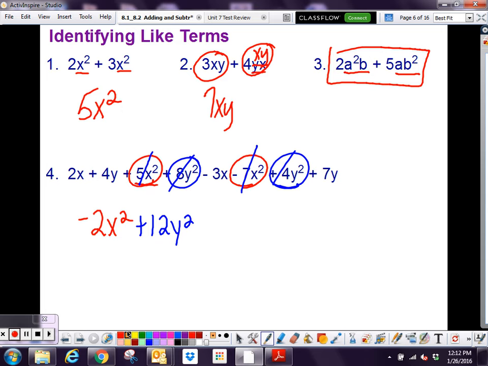I've got a 2x and a negative 3x, so that's going to get me negative 1x, or just negative x. I'm going to mark those out. And then I have a 4y plus 7y, so that gives me 11y. Now, if you did write these in a different order, it's not necessarily wrong. It's just assumed that you need to write it in this order, from the highest exponent down to the lowest.